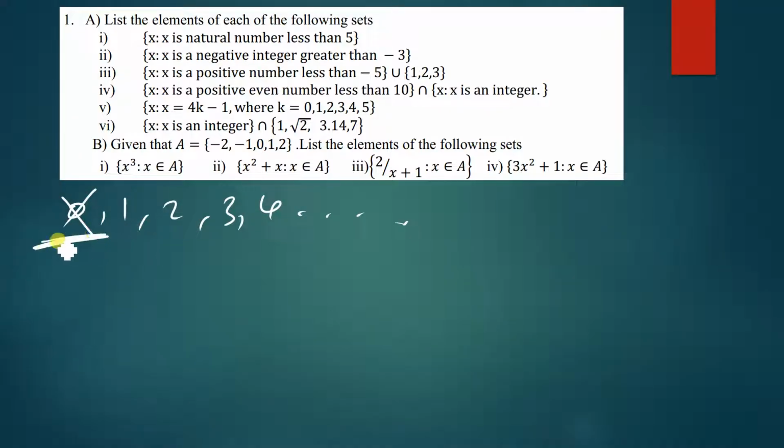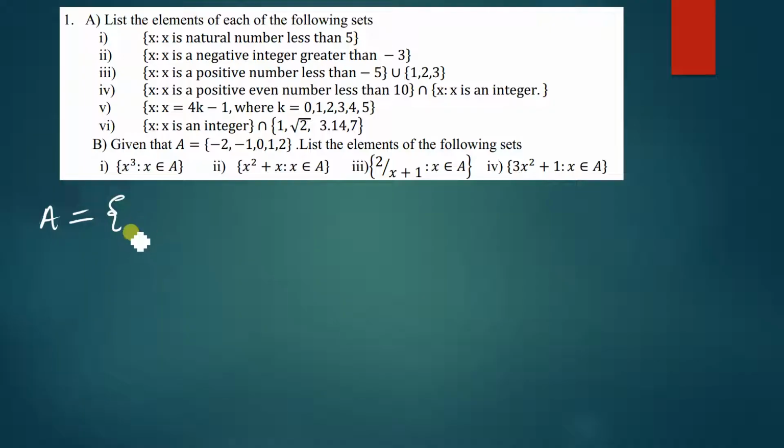Once you add 0, they change from natural numbers to being whole numbers. So for natural numbers, we start with 1. If we say natural numbers less than 5, I will name that set A.